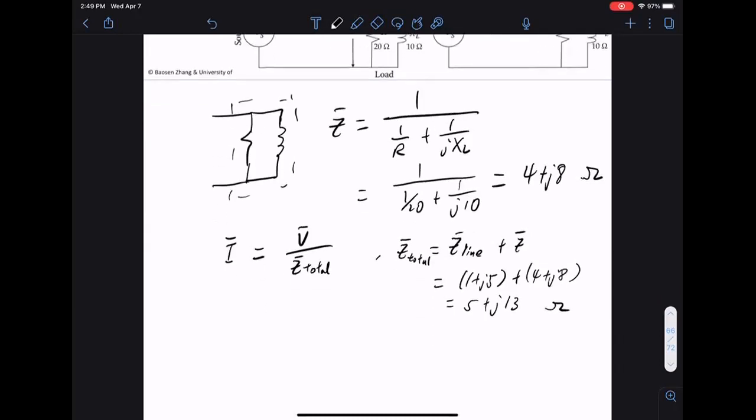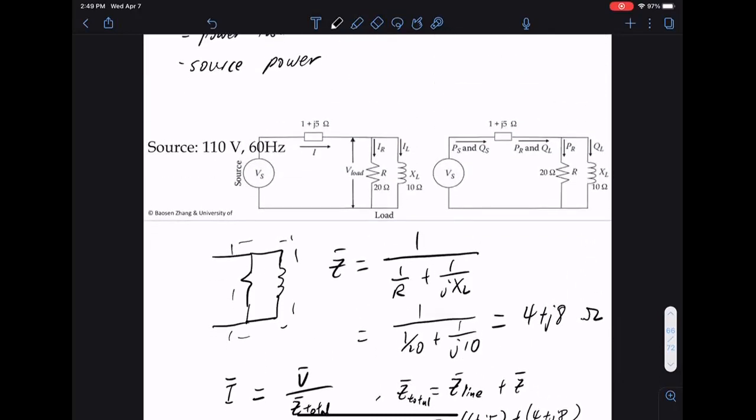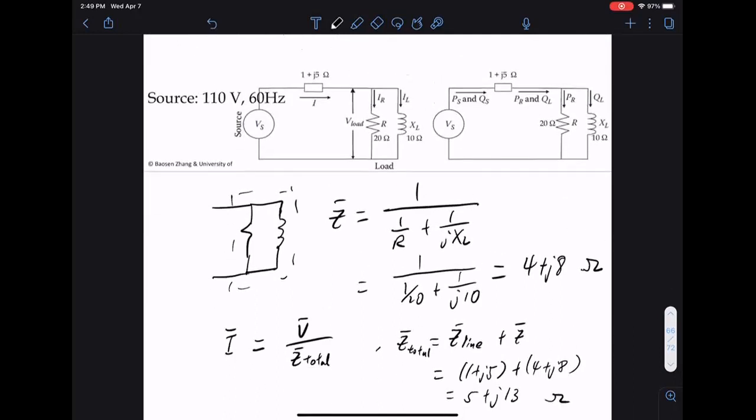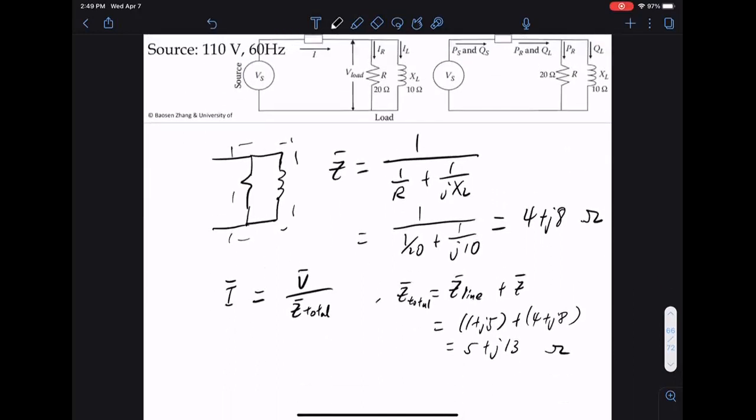total impedance. Now for voltage, it is given that the voltage is 110 volts, 60 hertz. Then what is the phasor, right? I need to translate to a complex number. What is the phasor here if I tell you the source is 110 volts and 60 hertz? What's the magnitude, what's the angle? What's the magnitude?